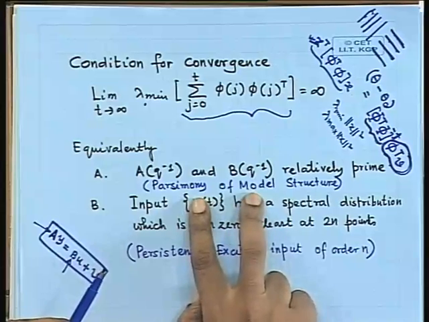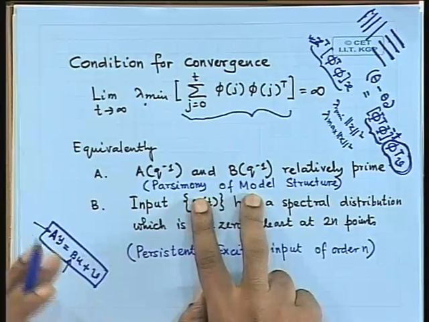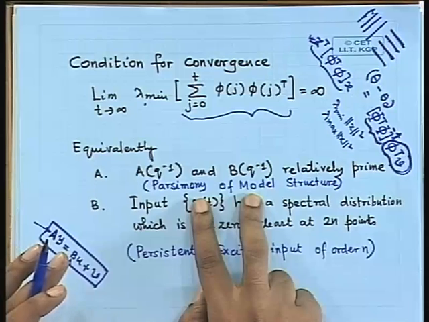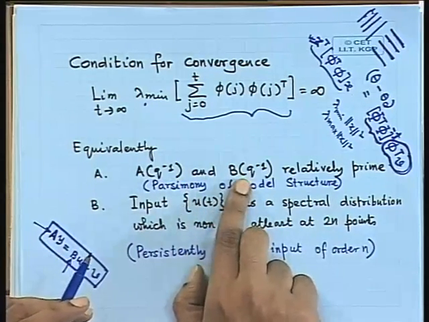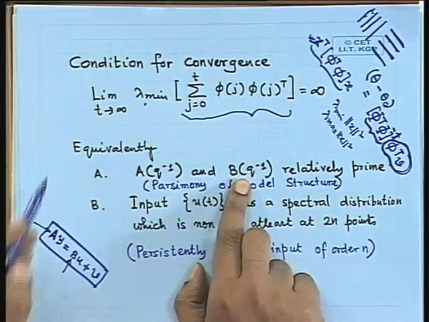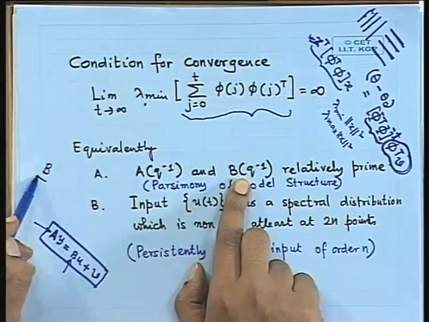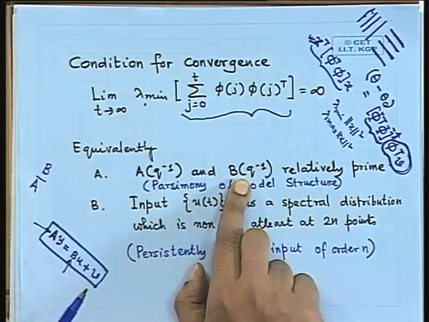This condition is called parsimony of model structure. Actually, the word parsimony means something like simplicity. A and B being relatively prime means that the transfer function B by A cannot be reduced further.